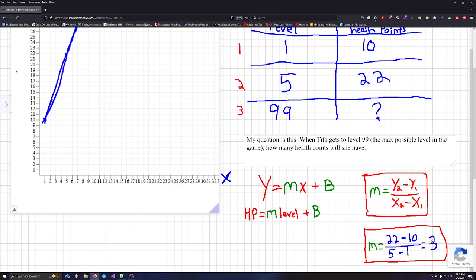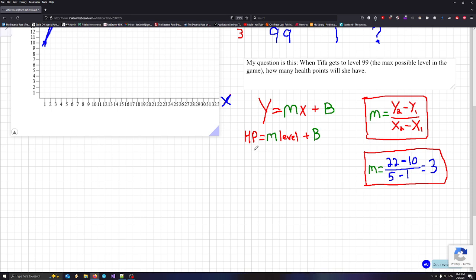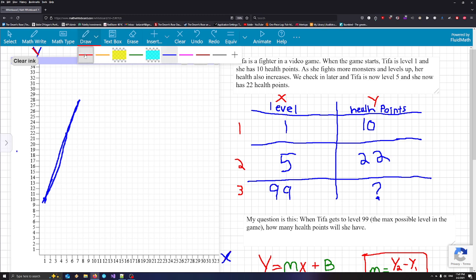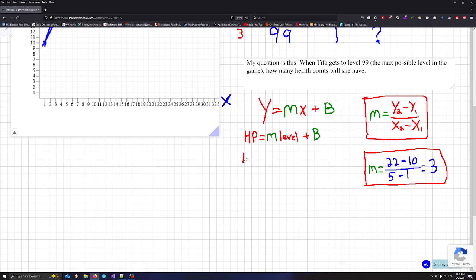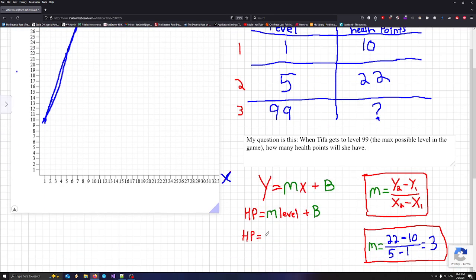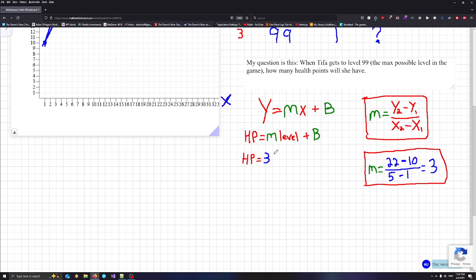Yep, 3. Okay, so our slope is 3. So now we also need, so we got our m. So we have HP equal to 3 times level.